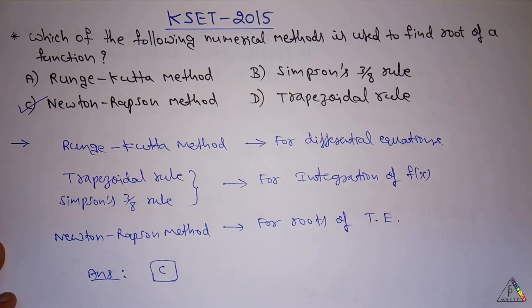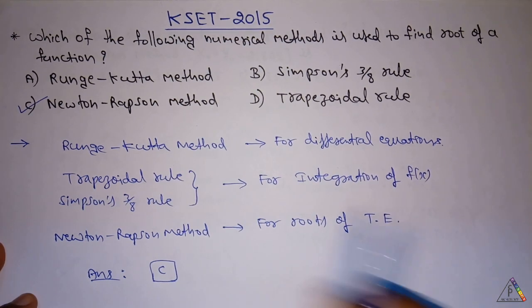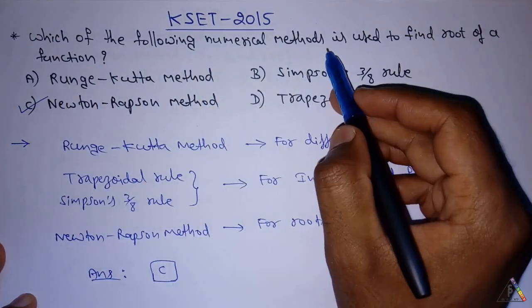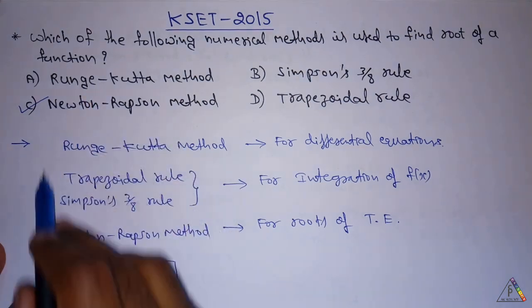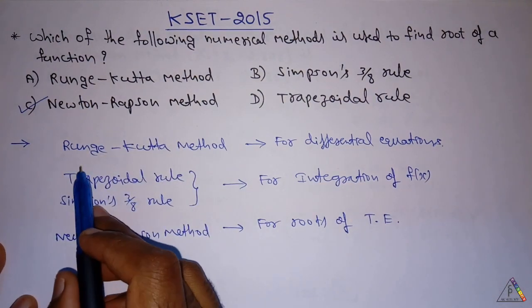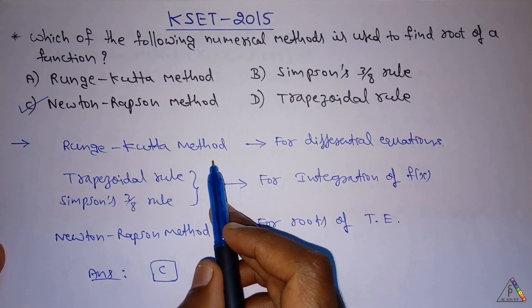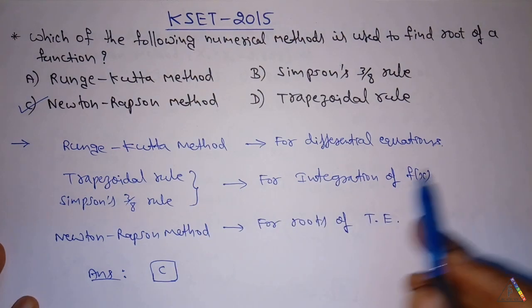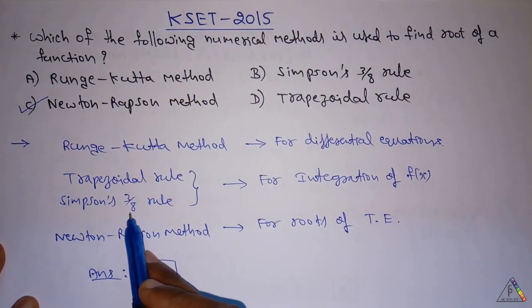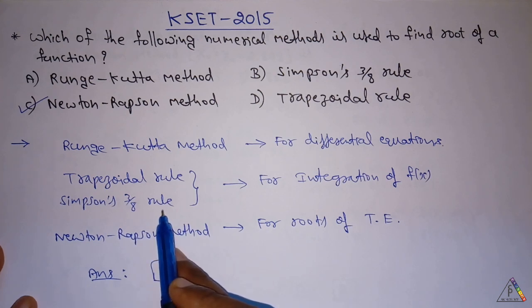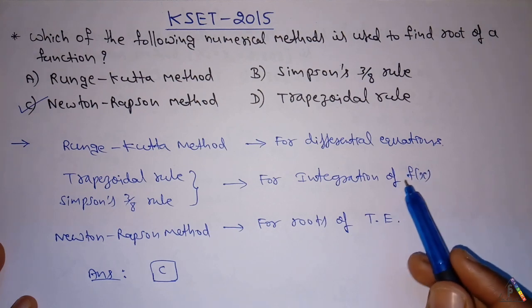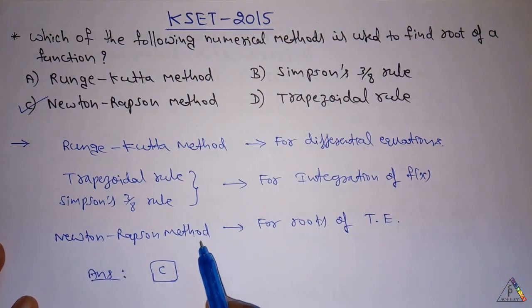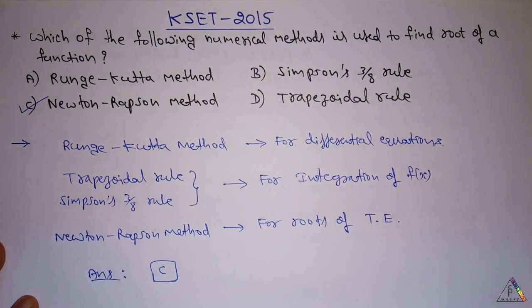This is the KCET 2015 question. The question is, which of the following numerical methods is used to find the roots of the function? As we know, the Runge-Kutta method is used to solve differential equations, and the trapezoidal rule and Simpson's 3/8 rule are used to find the integral value of the function, and the Newton-Raphson method is used to find the roots of transcendental equations.